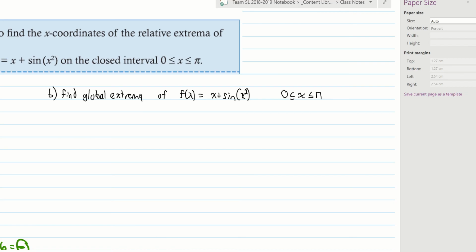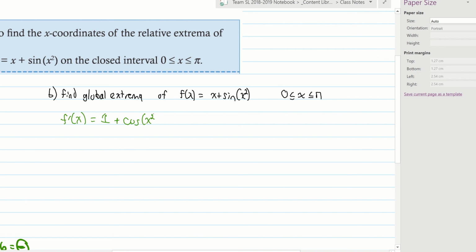Okay, let's go ahead and take our derivative. I made a quick mistake. I wrote sine squared x, but it's actually sine x squared. So I fixed that now. Let's go ahead and take the derivative. F derivative of x equals the derivative of x is 1 plus the derivative of sine is cosine.